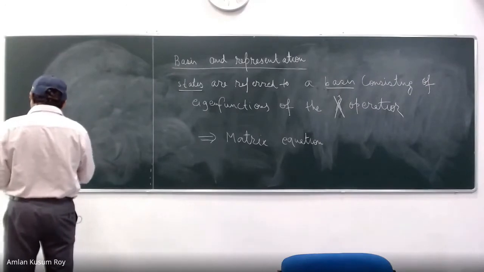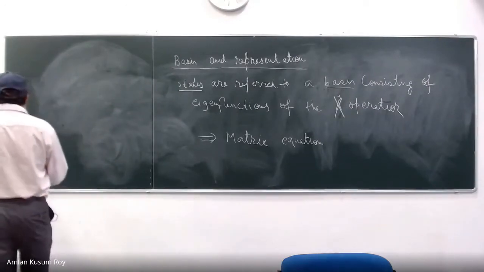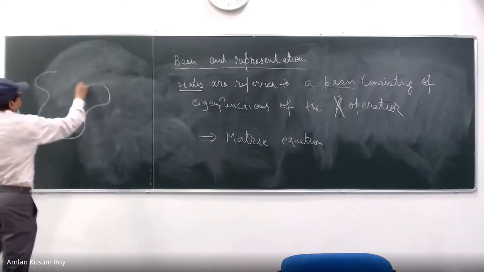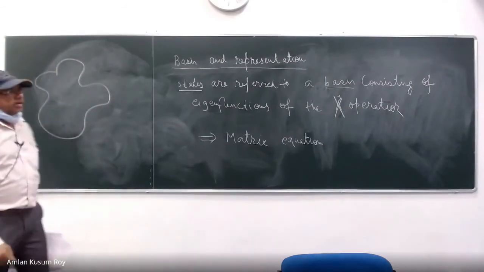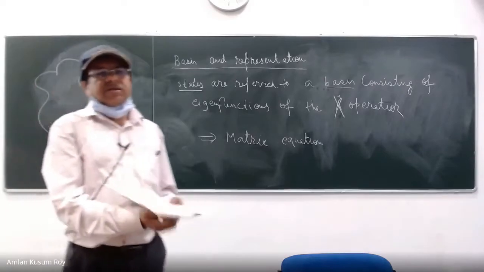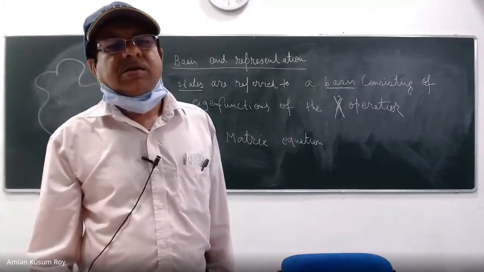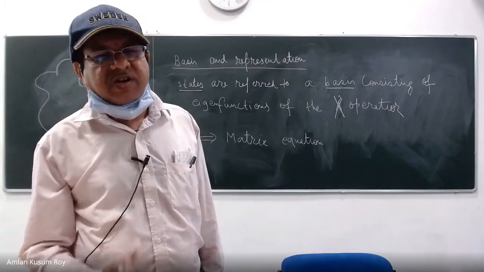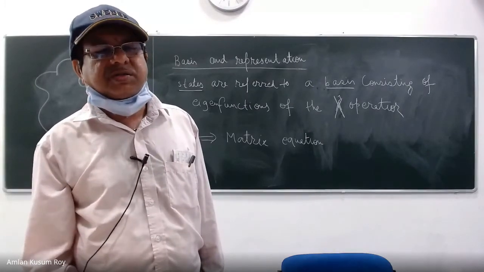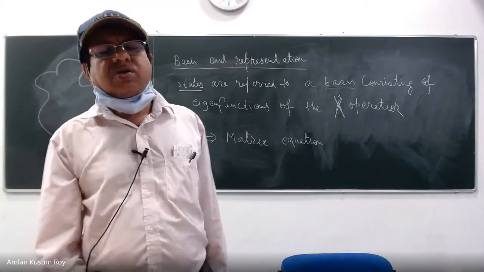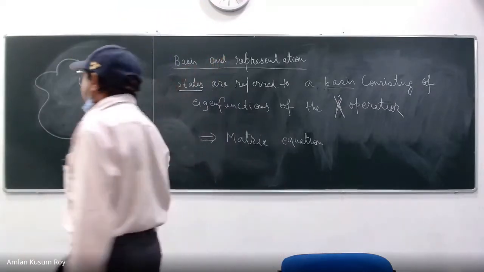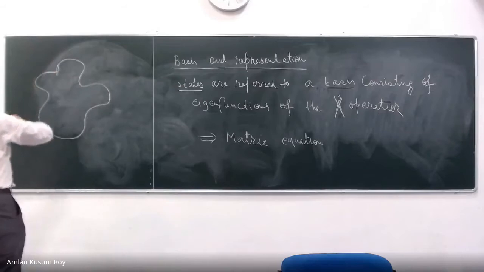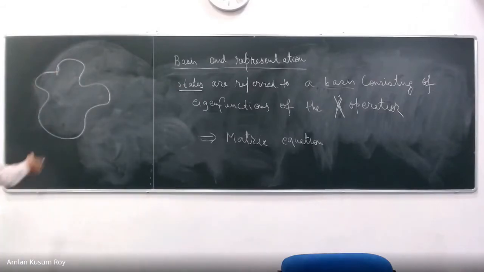Before I do that, so let us see. What is this? This is a space. What is space? This is a space of functions. So this is a function space. Okay, we can also call it a configuration space.